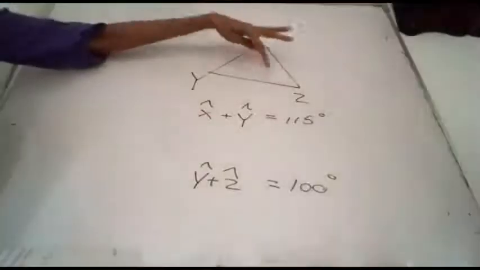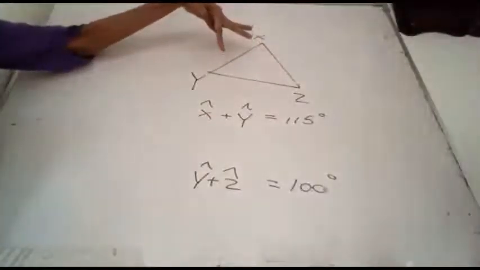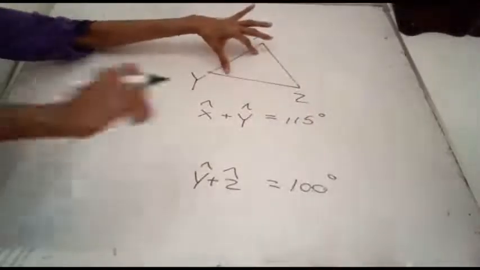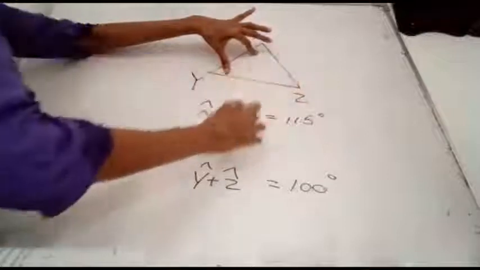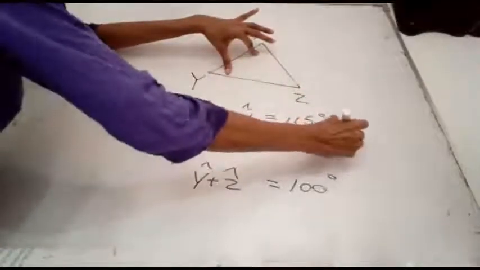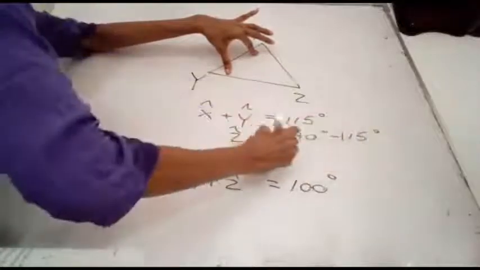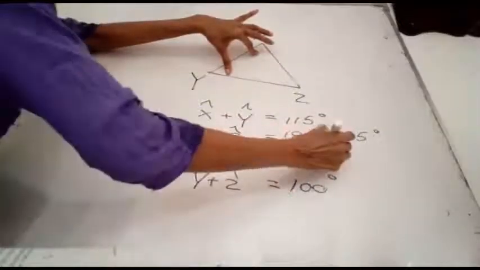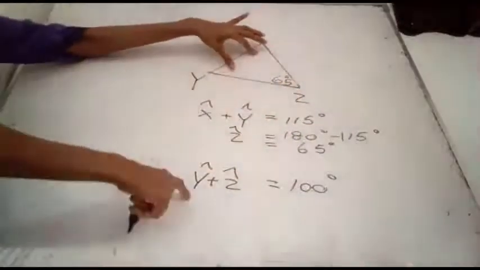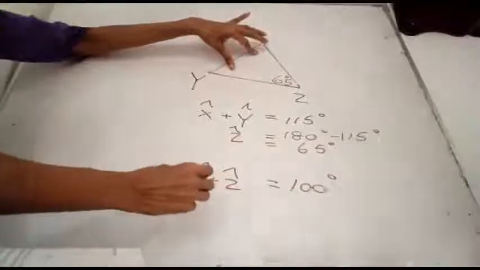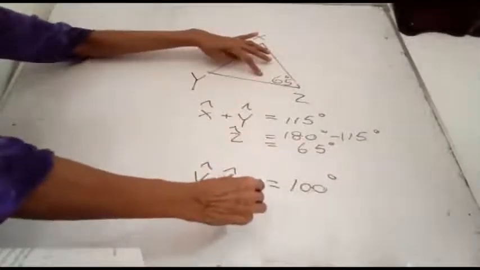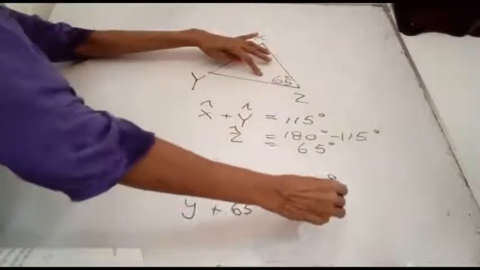Here the sum of the three interior angles of a triangle is 180 degrees. X plus y is equal to 115. Then z is equal to 180 subtract 115, which is 65 degrees. Z is equal to 65. Now y plus z equals 100, so y plus 65 is equal to 100.